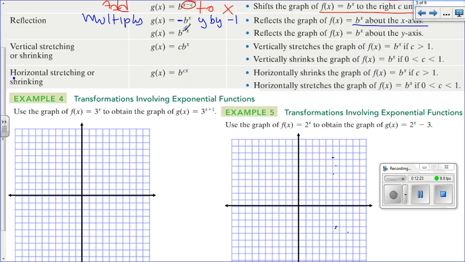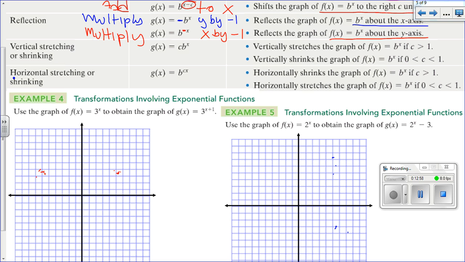In that one, you will see a negative with the exponent. Now, if you have an x value here, and then it goes across that, that will be a reflection across the y-axis, right? So it makes sense that the x value turns into its opposite value. So for that reason, you multiply x by -1. And that is a reflection about the y-axis.